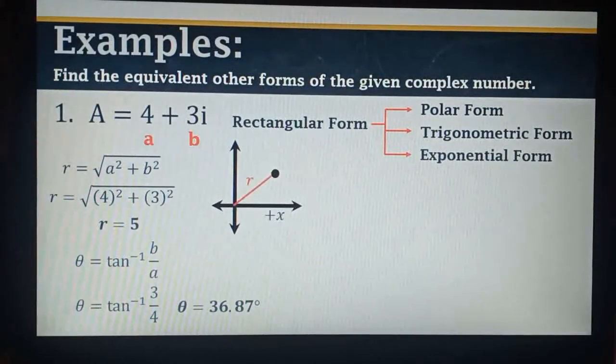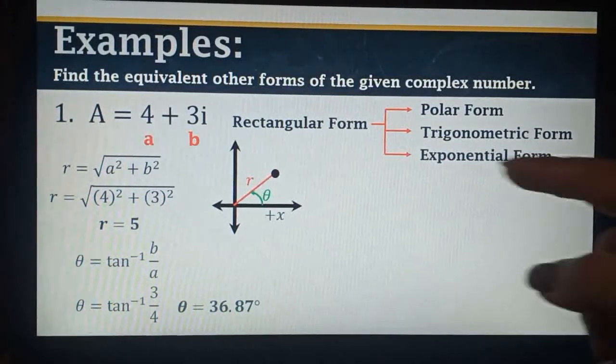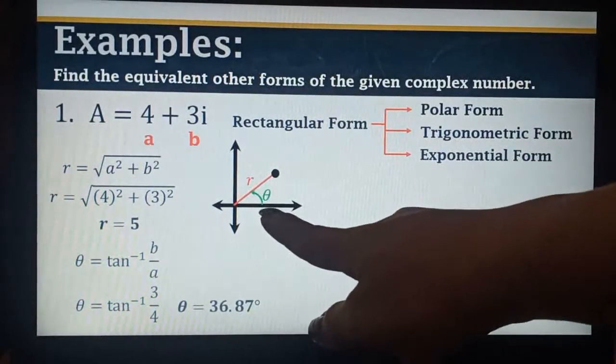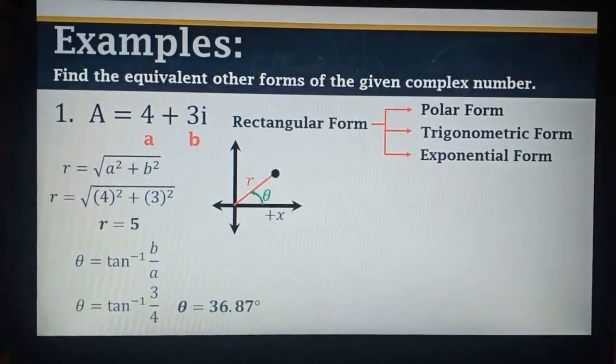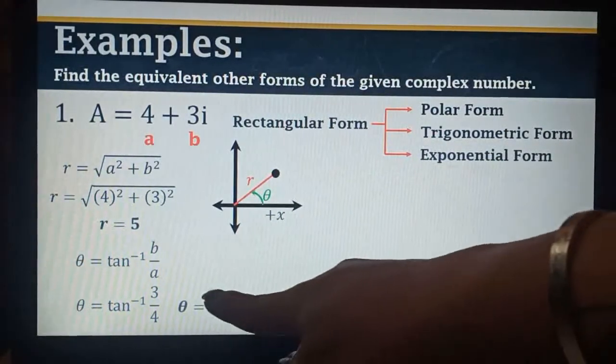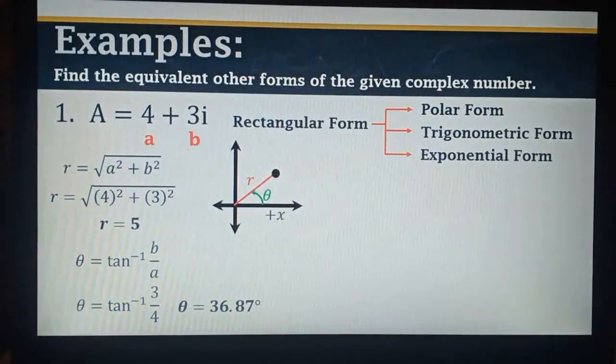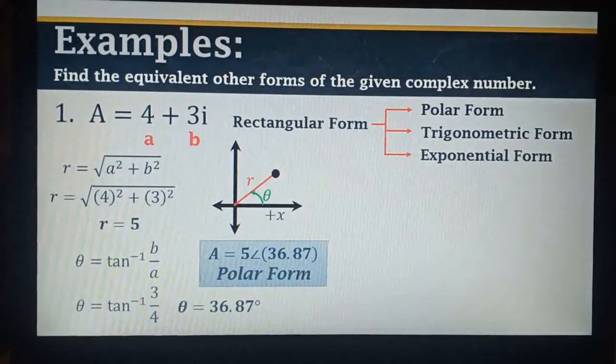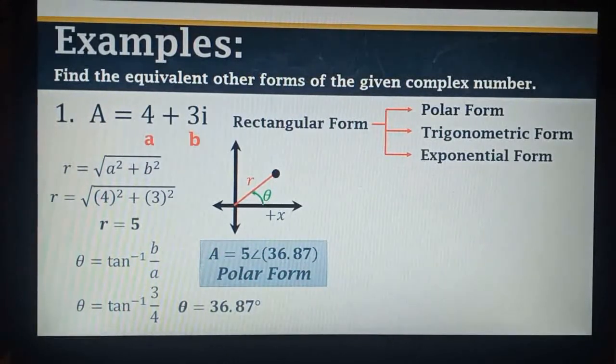So when you locate r and locate theta, the 36.87 degrees is from the positive x-axis going to r. So therefore, the value you computed for arctan is the one you will use in the form of r angle theta. So our polar form is 5 at angle 36.87.